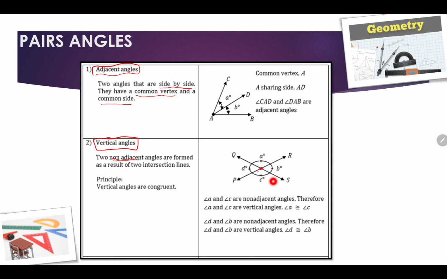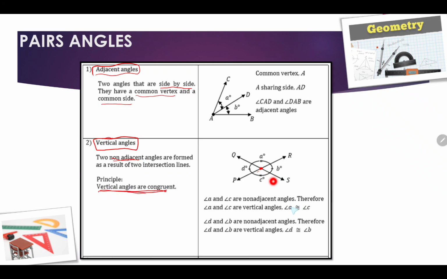For example, angle A and angle C are non-adjacent, so we can say angle A and angle C are vertical angles, and all vertical angles are congruent.